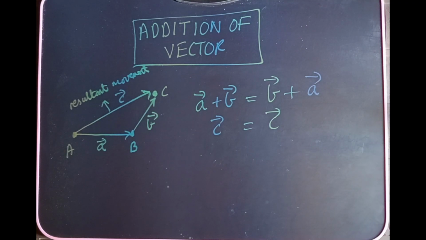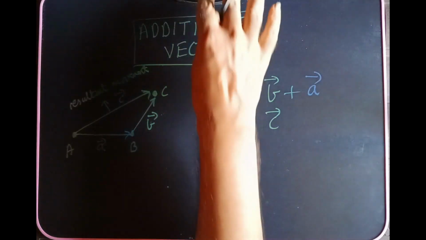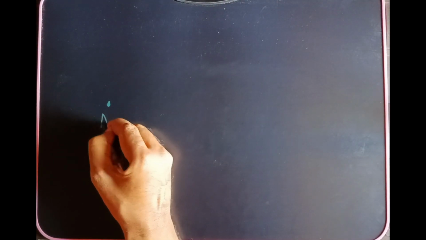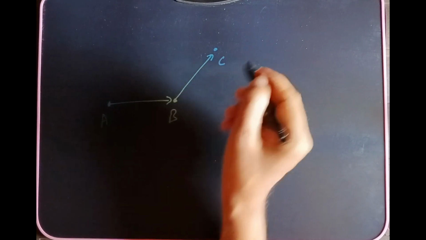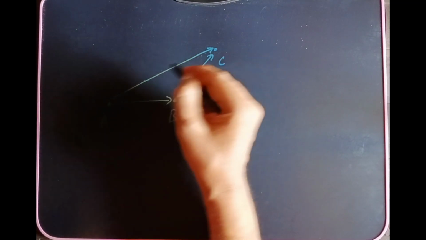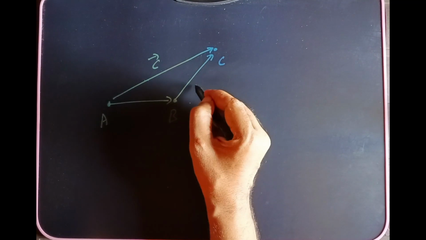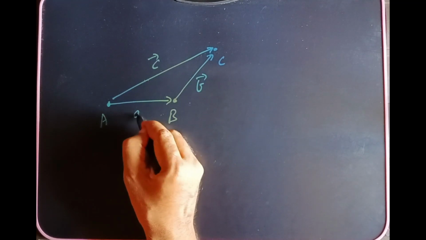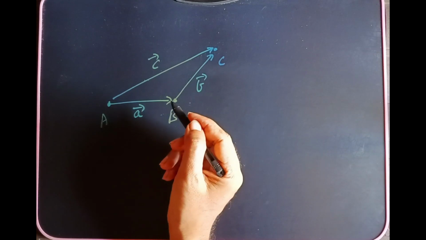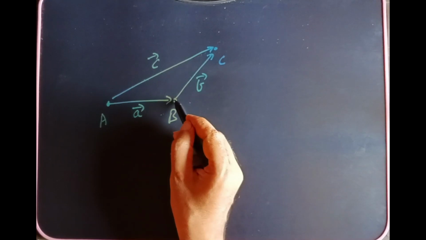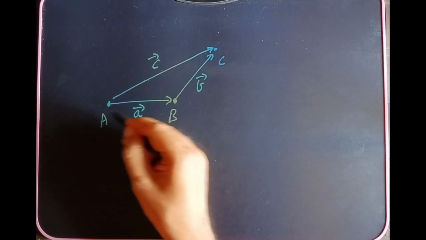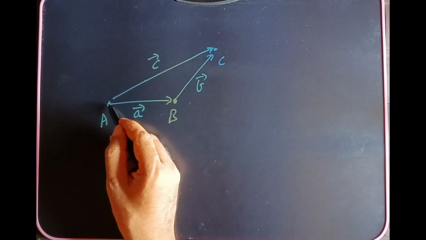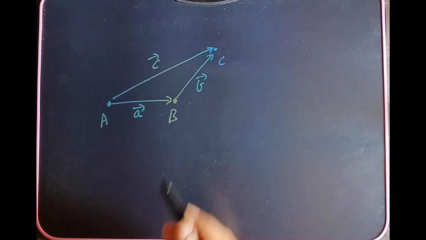So now if you observe this particular diagram clearly, let us take it again on a new slate. The movement is from A to B and B to C. Then the resultant vector is from A to C, denoted as C, and this is B and this is A. If you see here, the tail of this vector is touching the head of the previous vector, and for the resultant vector, the tail touches the head of the final point of the vector.